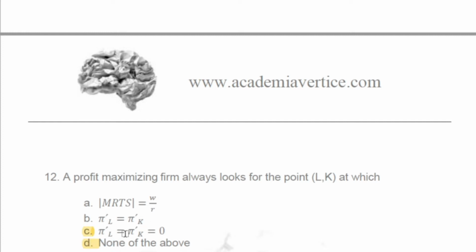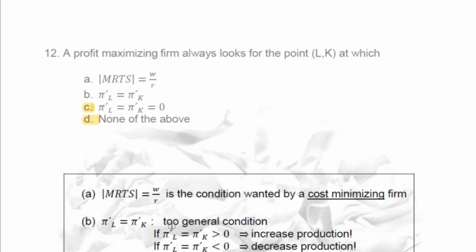It's D. We equalize those derivatives to 0. We want to maximize profit, so both derivatives we equalize them to 0, and that's all.